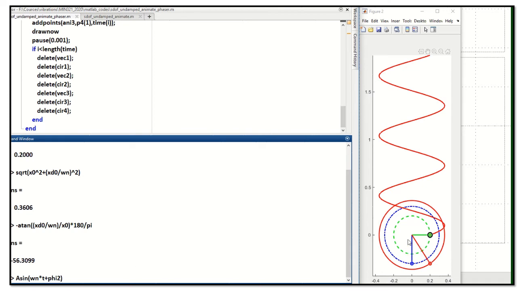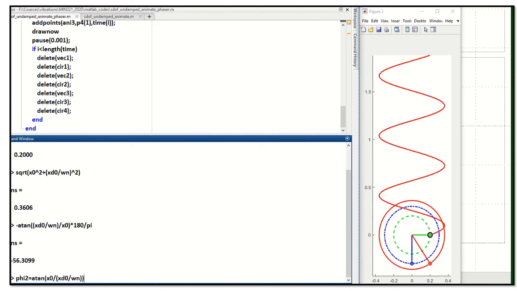So I could have said that this displacement variation leads the sine curve by this phi 2 angle, where phi 2 can be written as tan inverse of x0 divided by xd0 by omega n.